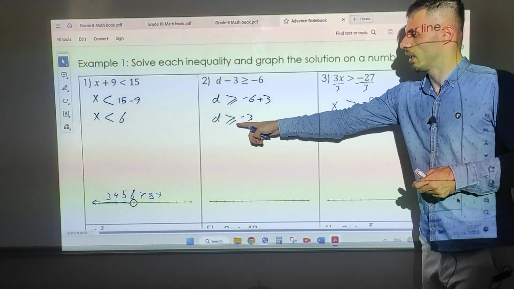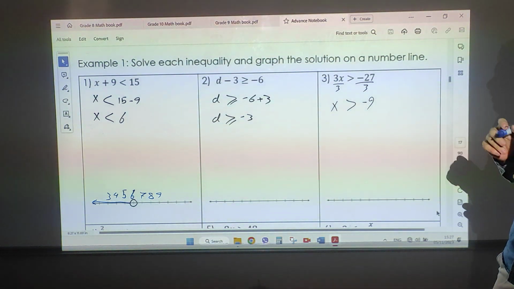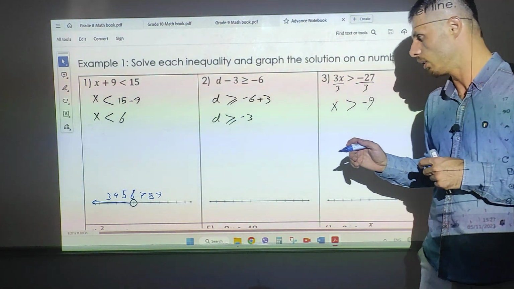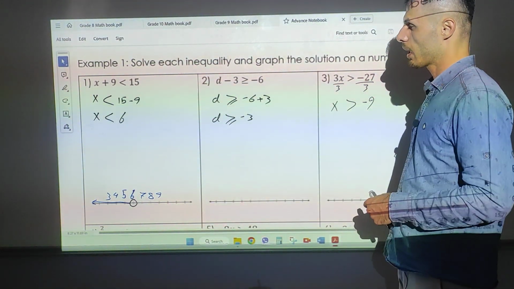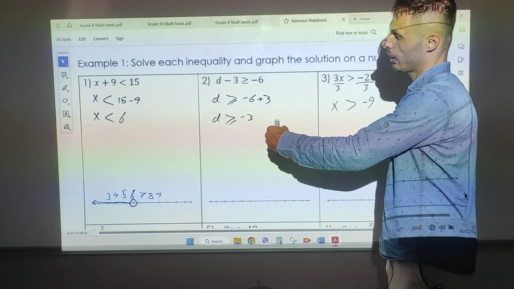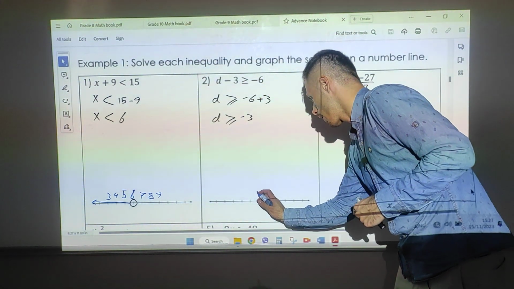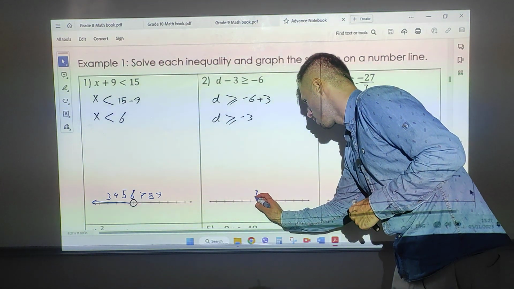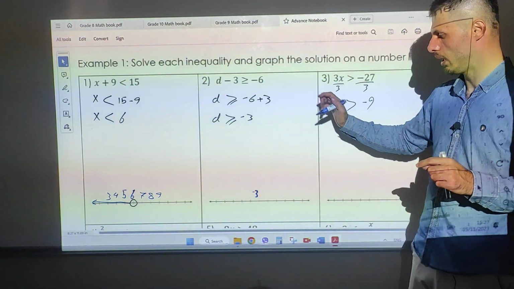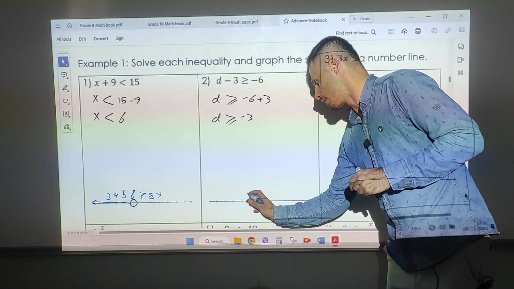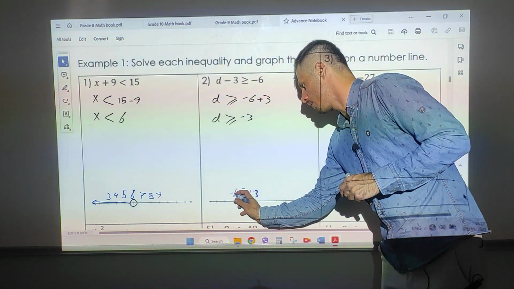Then for this one we have d is greater than or equal to -3. It means we must have -3. Be very careful. When we have negatives going to the left, the numbers are increasing in negative, like -3, then -4, -5, -6.